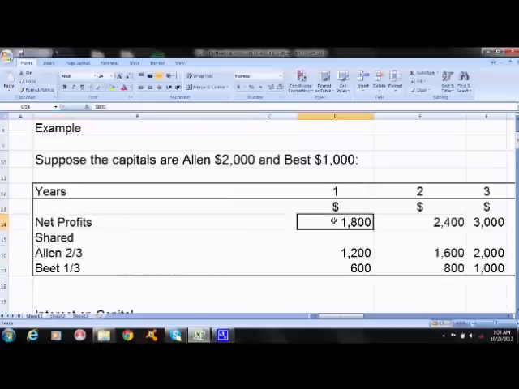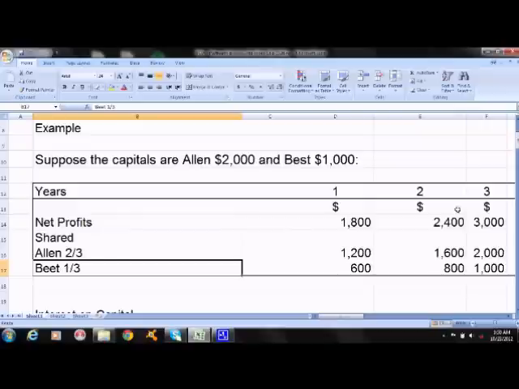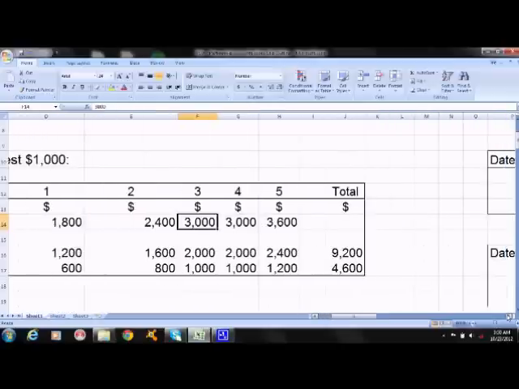So 2/3 of 1,800 is 1,200, and 1/3 of 1,800 is 600. 2/3 of 2,400 is 1,600. 1/3 of 2,400 is 800. 2/3 of 3,000 is 2,000, and 1/3 of 3,000 is 1,000. 2/3 of 3,600 is 2,400, and 1/3 of 3,600 is 1,200.